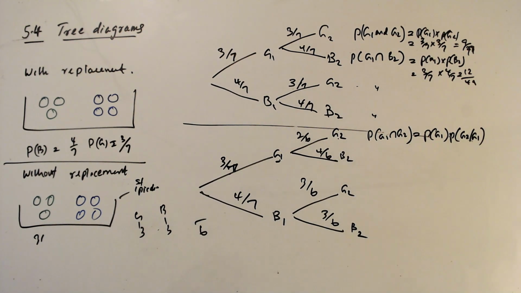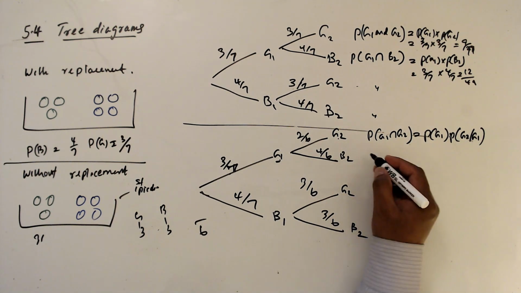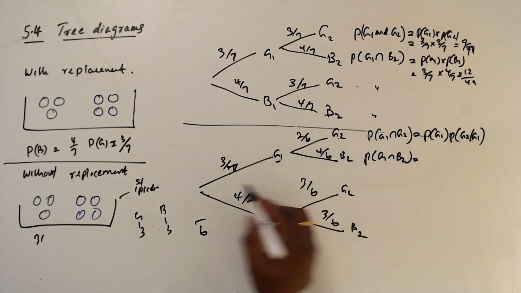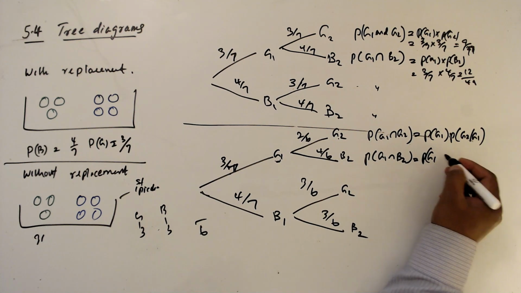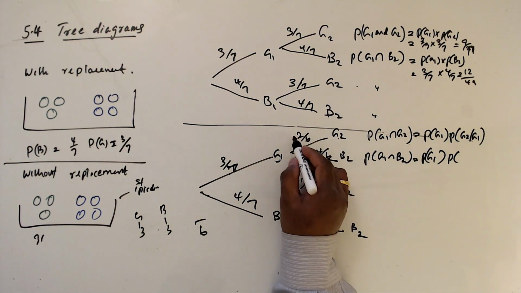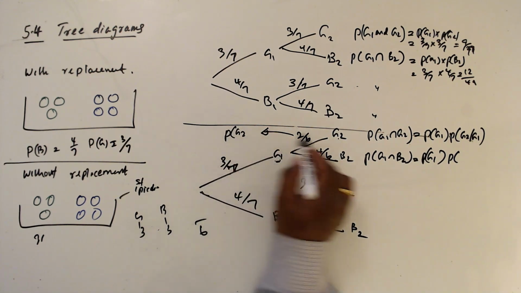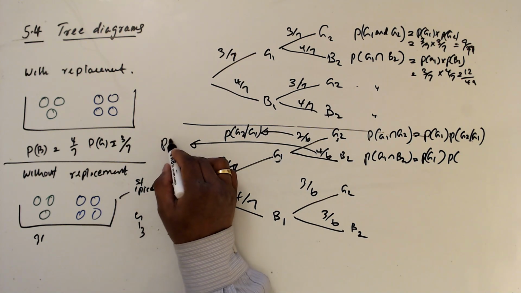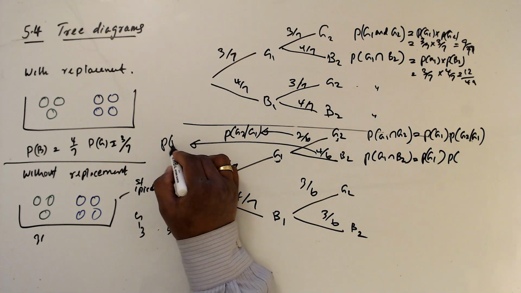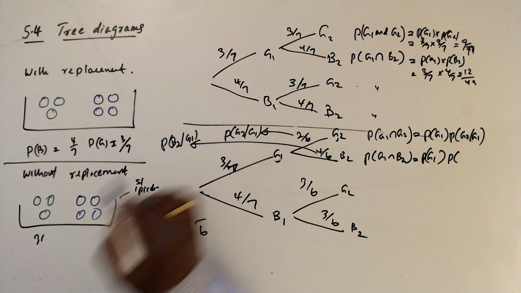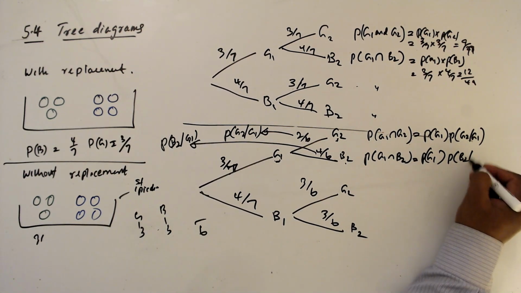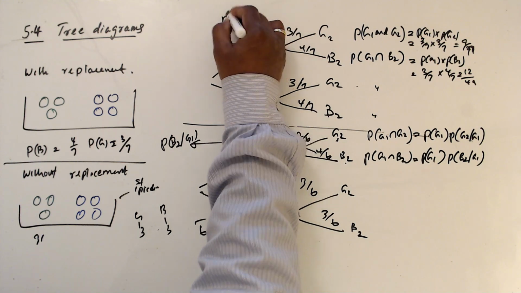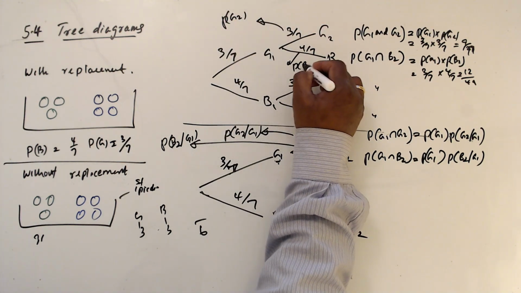Here, the probability of G1 and B2 intersection is P(G1) and then the probability of B2 given G1, the B2 you will get after the first G1.